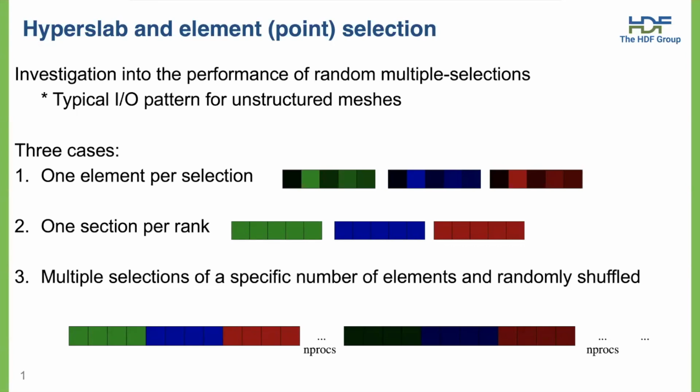So each rank will be split over this. This is all a 1D array too. Rank one will do the green here, then rank two will be assigned the next part of the array, and so on for the other ranks, and then I shuffle those so they're not in order.